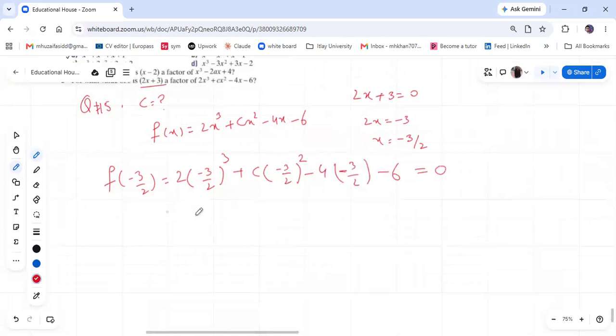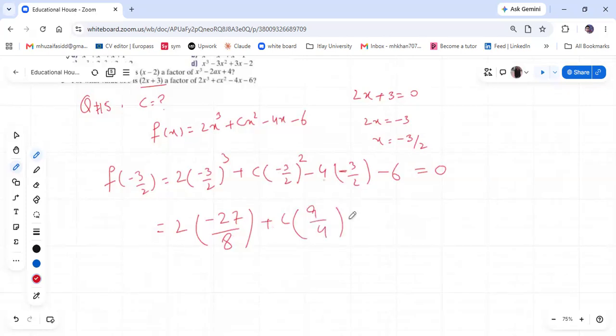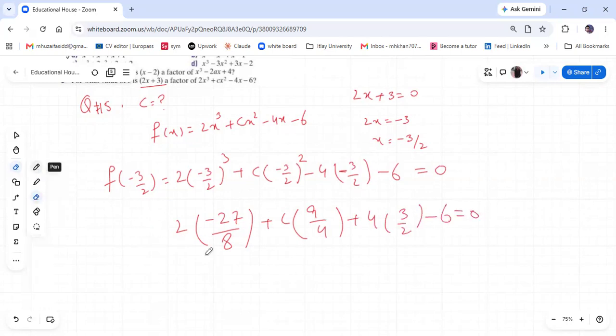On behalf of this, look at it here. This is 2 into (−3)³ = −27 over 8, plus c times the square, which is 9/4, and minus minus is plus 4 into 3/2, minus 6, equal to 0.